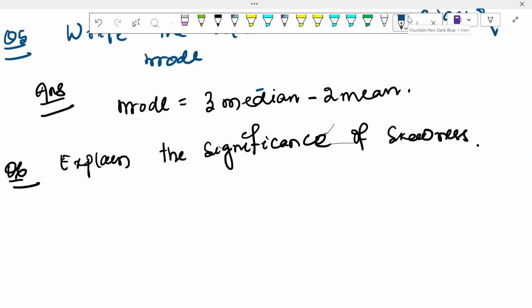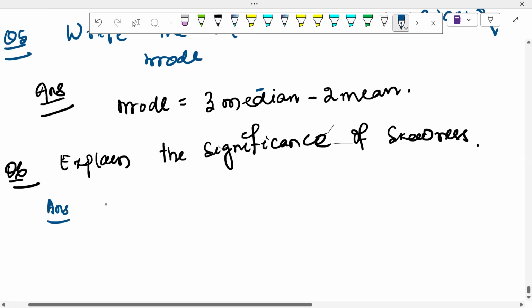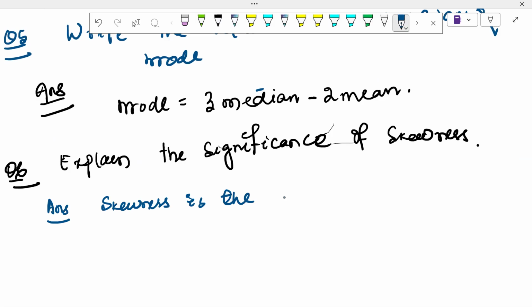Skewness is the measure of symmetry of the probability distribution. It helps in detecting outliers, understanding the data's trend, and informing decisions.